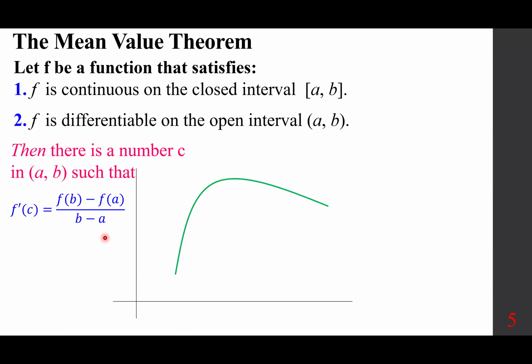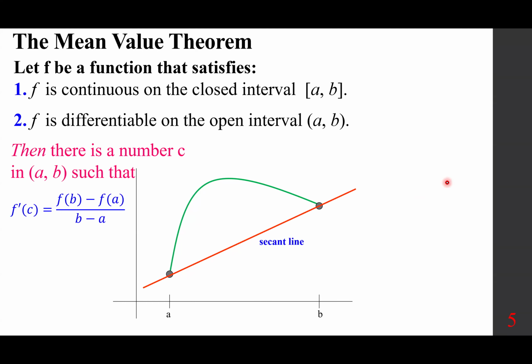So you have some function, a and b. So that's what we have. If you connect the 2 points, it gives you some sort of a line. And if you look at this line, the name is, it's a secant line.